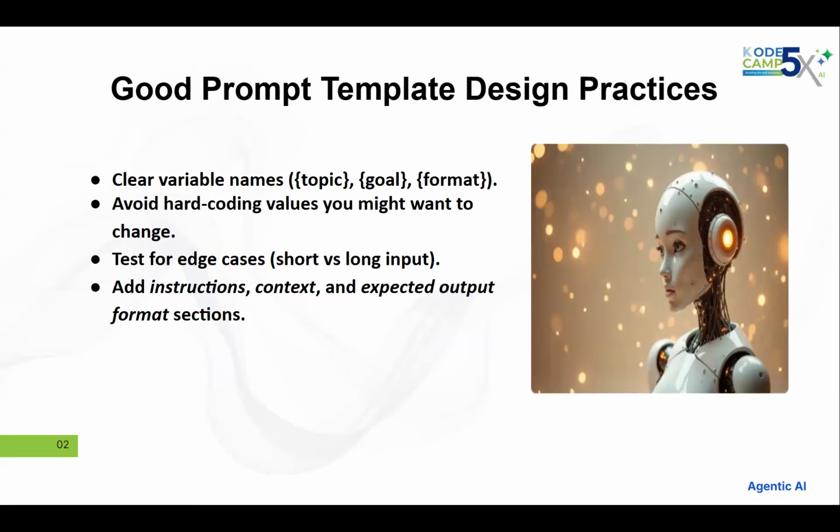Now, what are good prompt template design practices? Firstly, your variable names, that's the names you have in the placeholders, they should be clear. Clear variable naming is one standard in software development. The important thing is, does the name you give that variable clearly represent what it stands for?